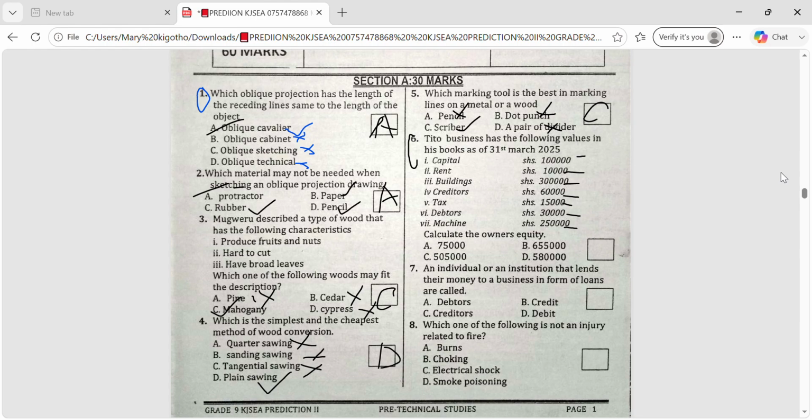So first, you can pause the video and do your own calculations. Then you get your answer. Then now we continue together. Now let's start.